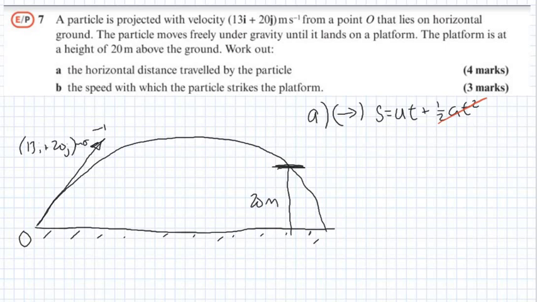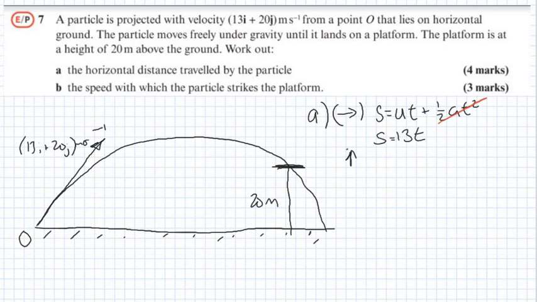So s is equal to u, the horizontal component of which is 13, times t, and we don't know t yet. That's our horizontal for now.